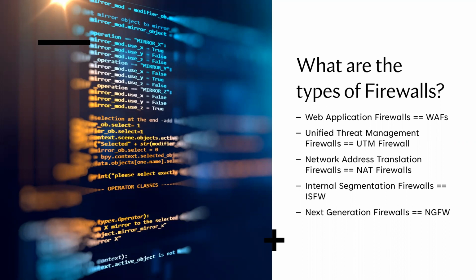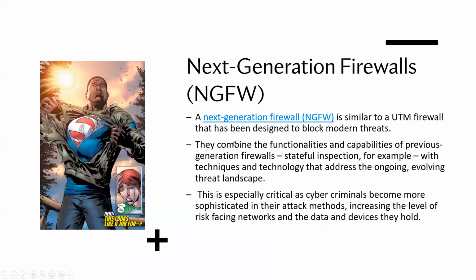And last but not least, what we're going to cover in NSE4 in this journey is next generation firewalls. As you can see, one of my favorite superheroes, the Black Superman. That's how I like to think about these next generation firewalls. A next generation firewall is similar to a UTM firewall, combined with a WAF or what have you, and with FortiGate you actually have the option to add in those other types of firewalls. They combine the functionalities and capabilities of previous generation firewalls.